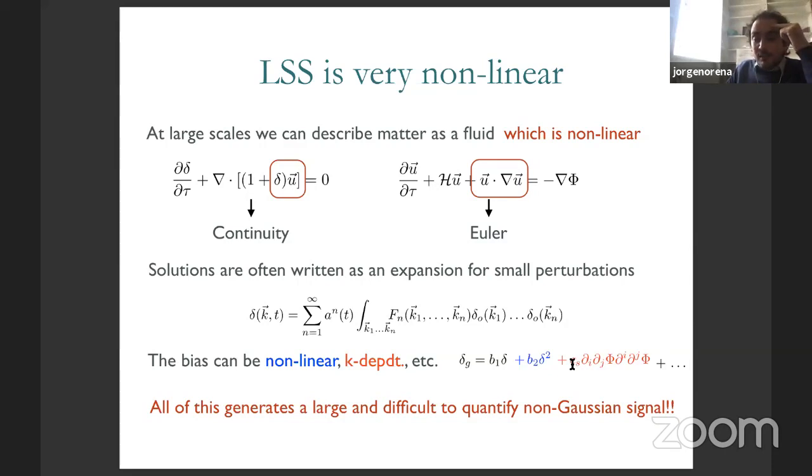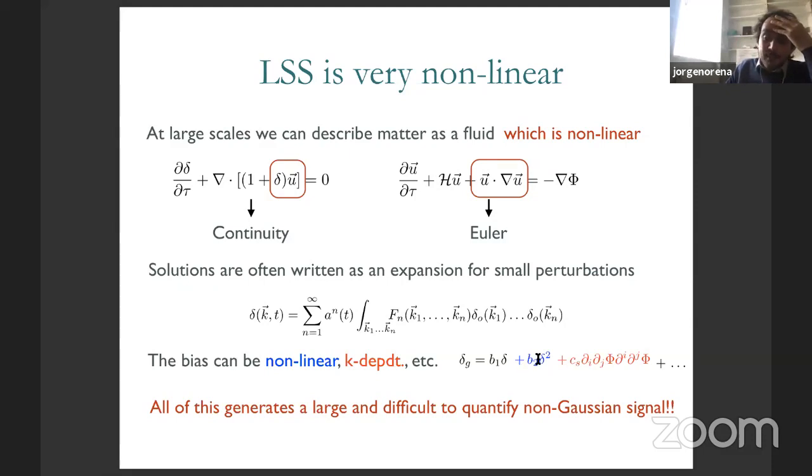They can generate a non-Gaussian signal, and you have to marginalize over them because you have no independent way of measuring them. And when you marginalize over them, unless there is a method that maybe I'm missing, of course you lose information on the non-Gaussian signal.